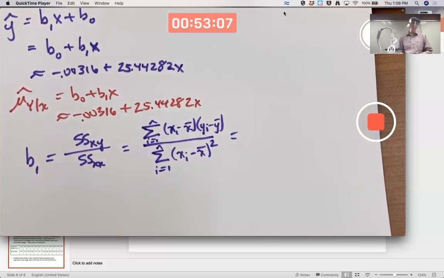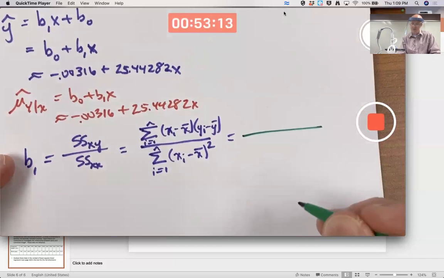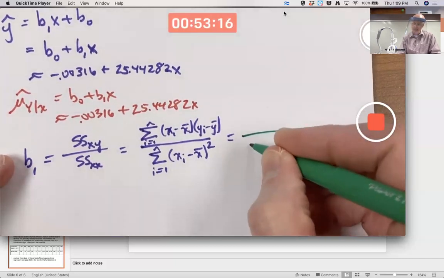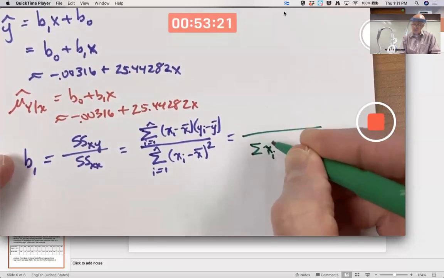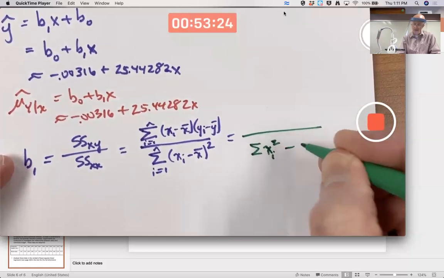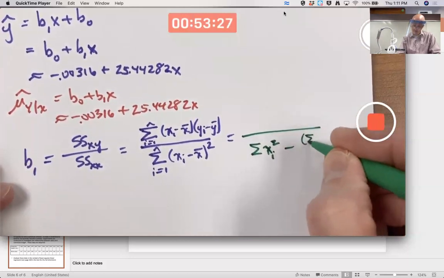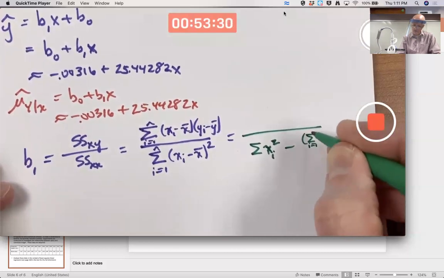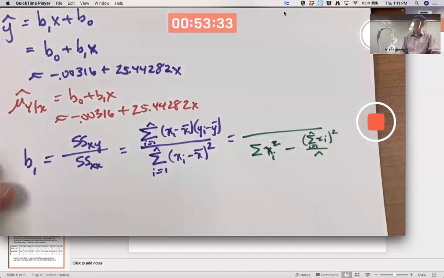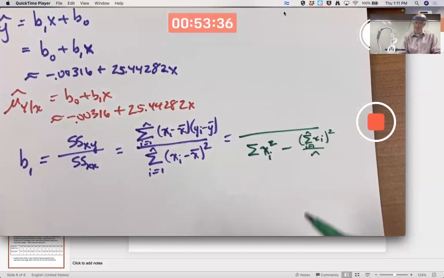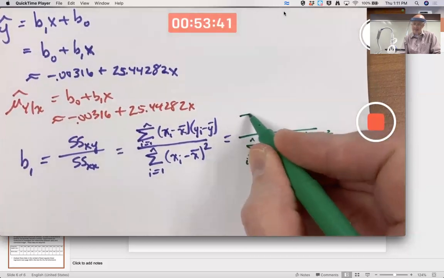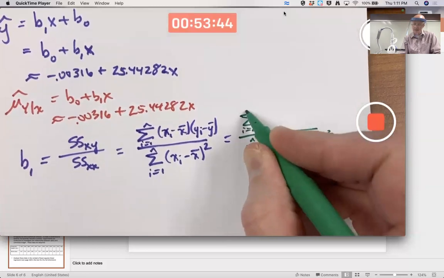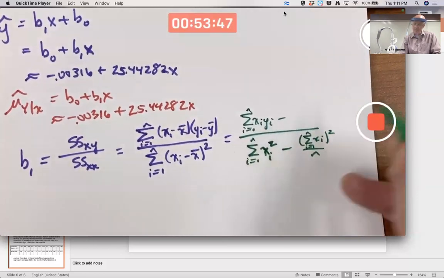I also then happen to memorize, partially just because I've taught this so much, that the bottom of this fraction can be written as the sum of the xi's squared minus the sum of the xi's quantity squared over n. And I also happen to remember that, once again, because I've taught it so much, that the top can be written as the sum, i goes from 1 to n, of xi times yi minus a fraction.